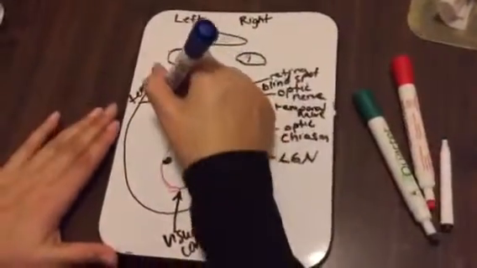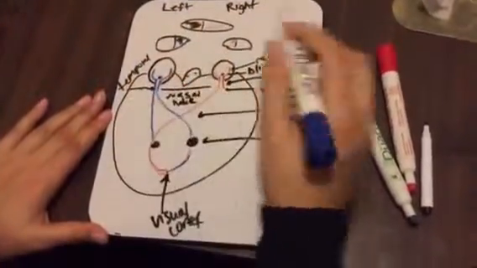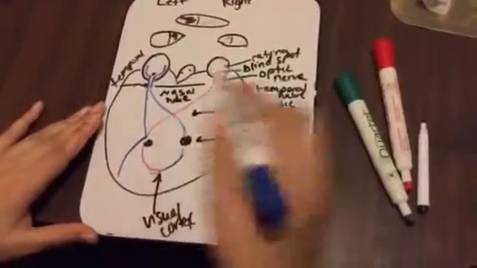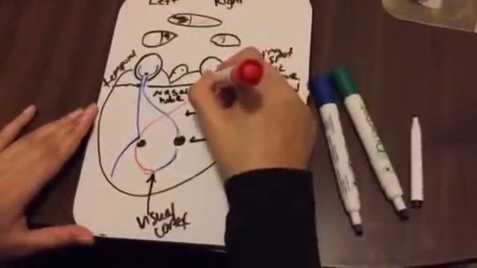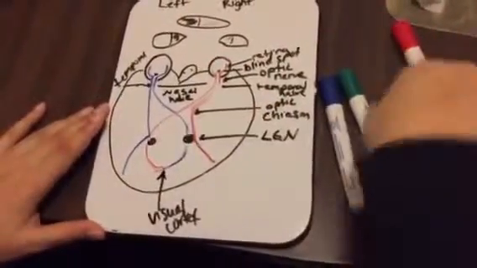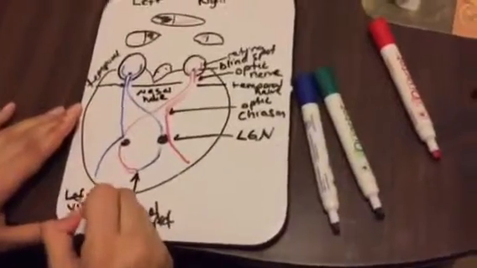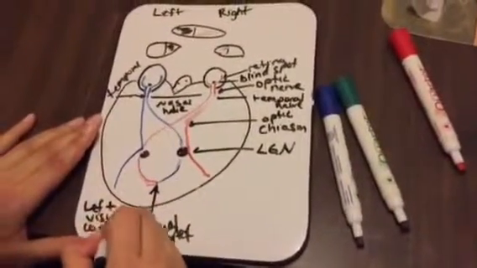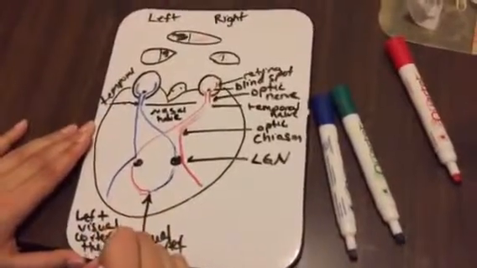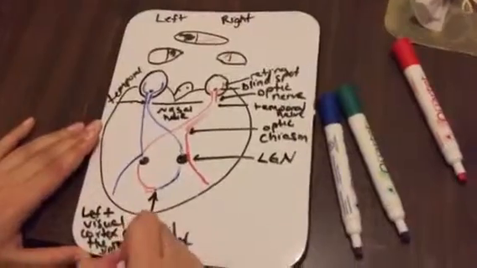That part of the optic nerve also goes down to the LGN and then ends up going over this way. And then this side goes over that way too. And then this side here is your left visual cortex of the right vision field, or visual field.